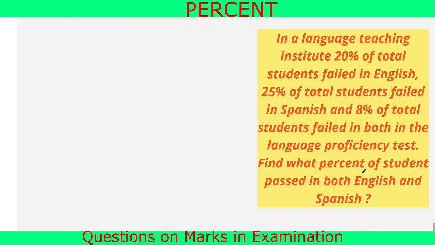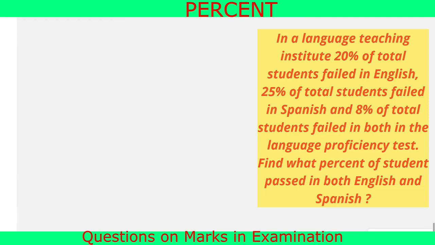Find what percent of students passed in both English and Spanish. It is an easy question. If your concept of set theory is good, you will be able to solve it very easily. Let us solve it. We solve it by set theory first, and then we will solve it by Venn diagram.